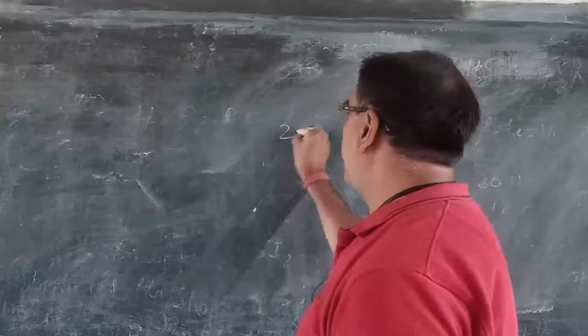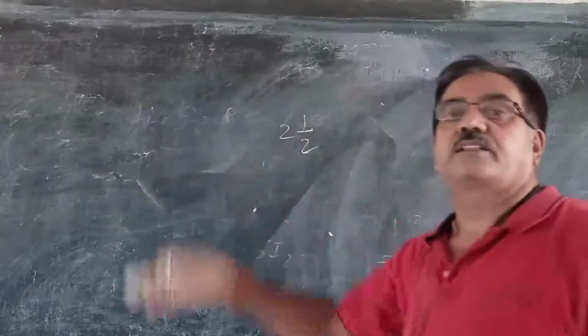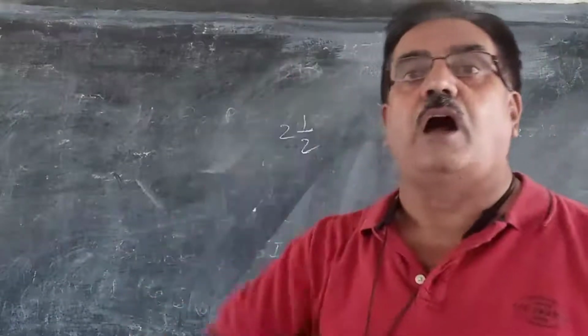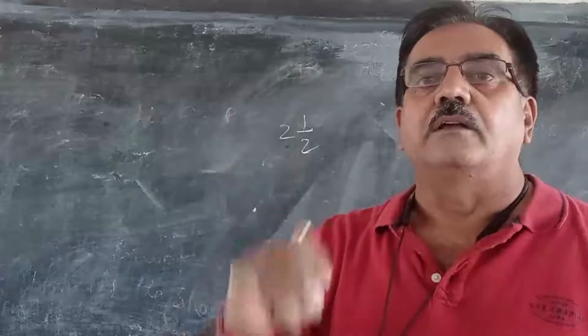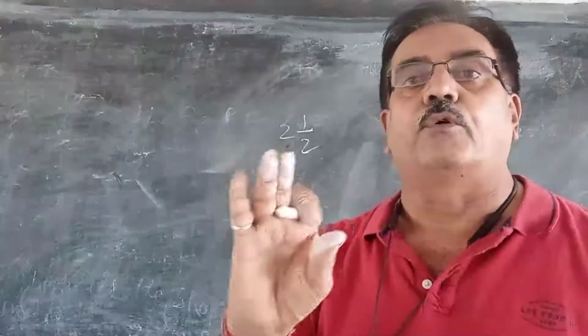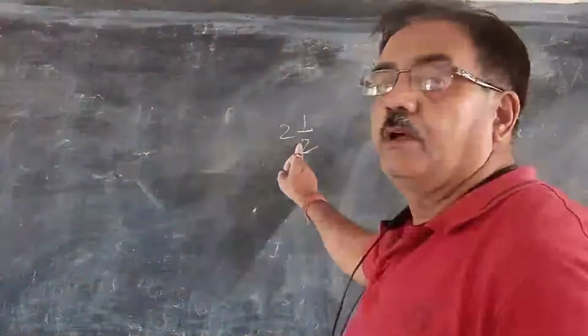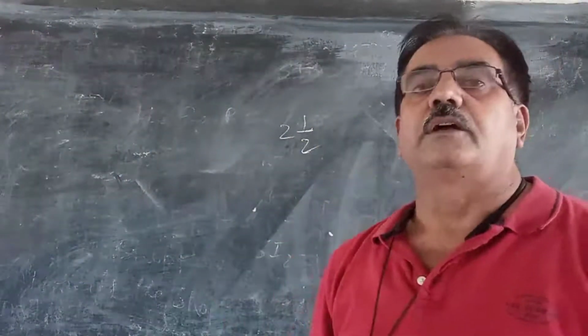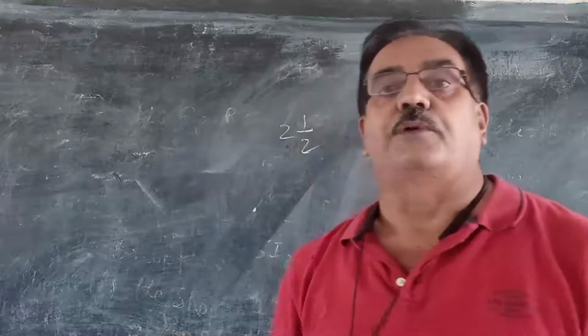Suppose 2.5 years. So how many steps are there? In 2 years there are 4 halves, 4 halves means 6 months, 4 plus half means 5 steps you have to solve the question when you use the simple interest formula.